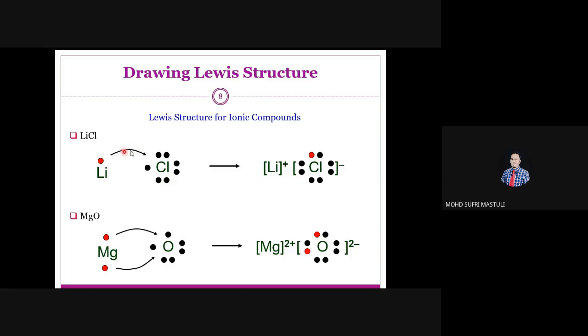Please show the transferring of the valence electrons from metal to non-metal and produce the positive ion and also the negative ion. For the atom in the negative ion, you should show the distribution of the valence electrons surrounding it.